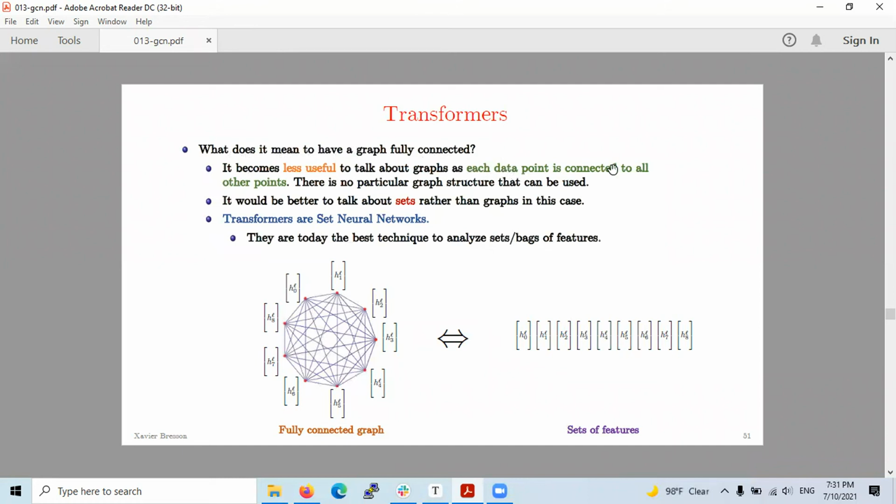As each data point is connected to all the other points, there is no particular graph structure that can be used. When we are doing a convolution, as you have seen until now, there is some graph structure that we're exploiting, wherein one node is connected to a few other nodes, its neighbors, but not all the other nodes, and that also gives us information on how that particular graph is structured. So here he says that it would be better to talk about sets rather than graphs in this case, and transformers are a set of neural networks.